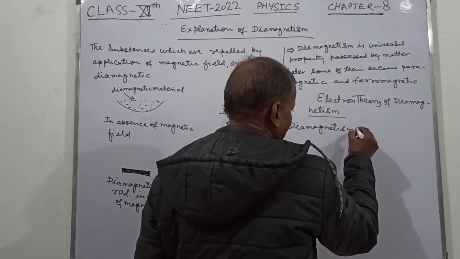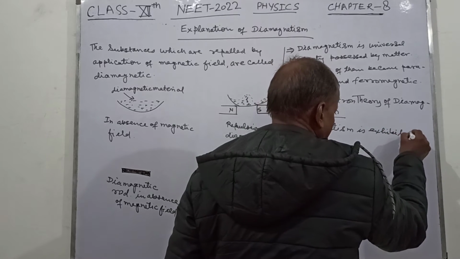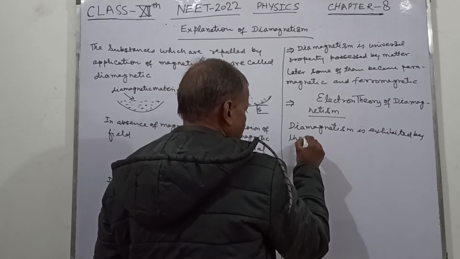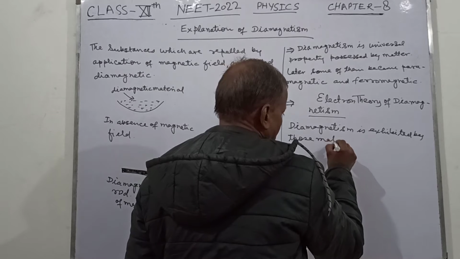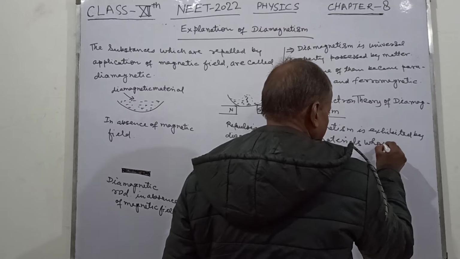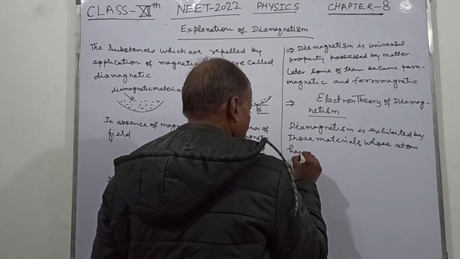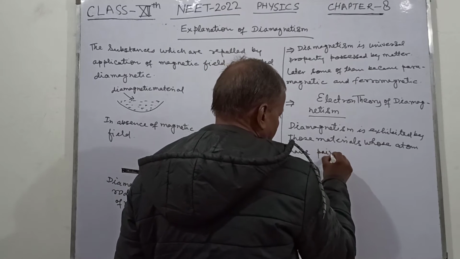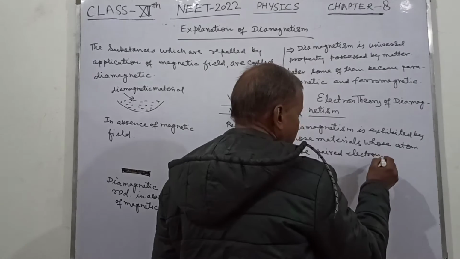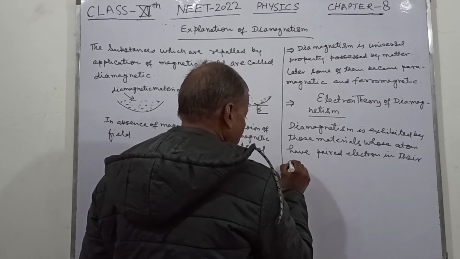Diamagnetism is exhibited by those materials whose atoms have paired electrons in their outermost orbit.